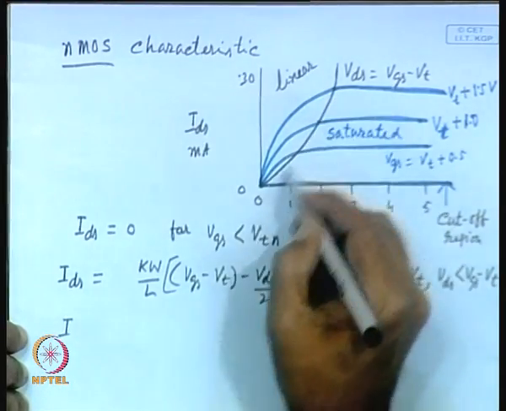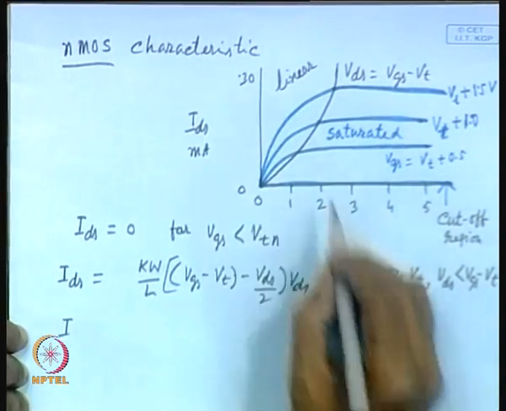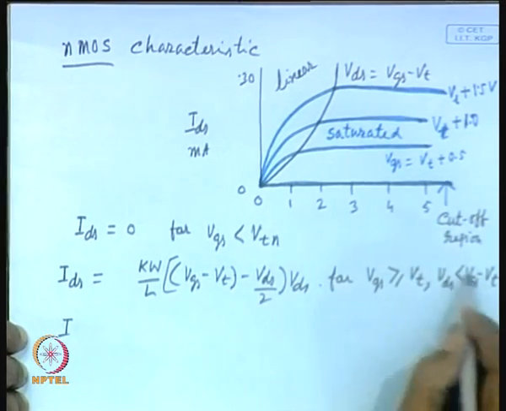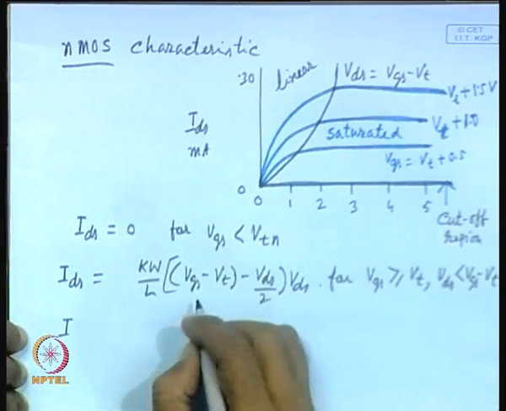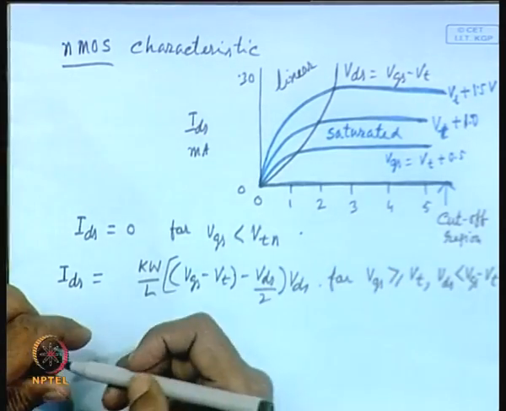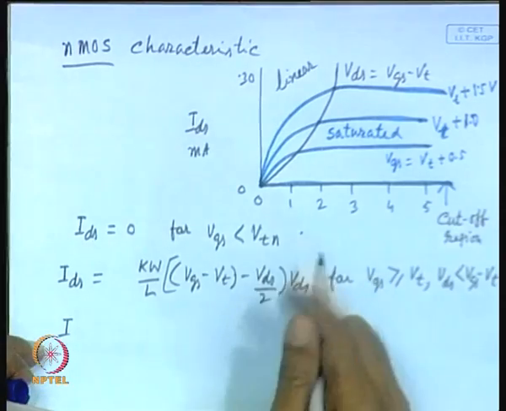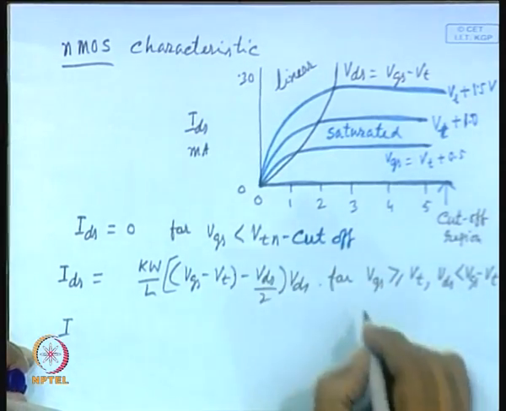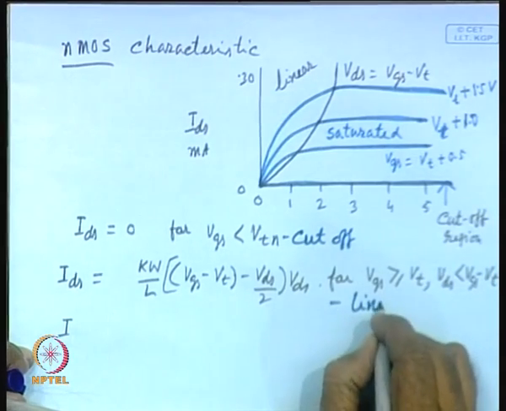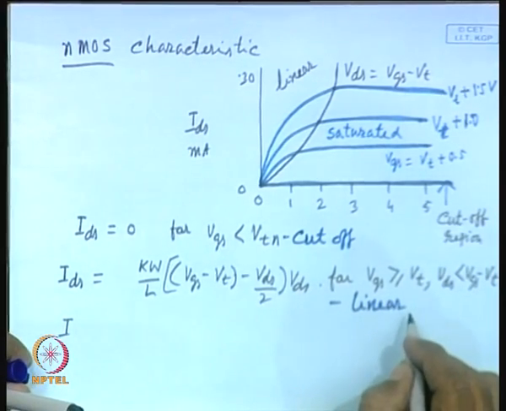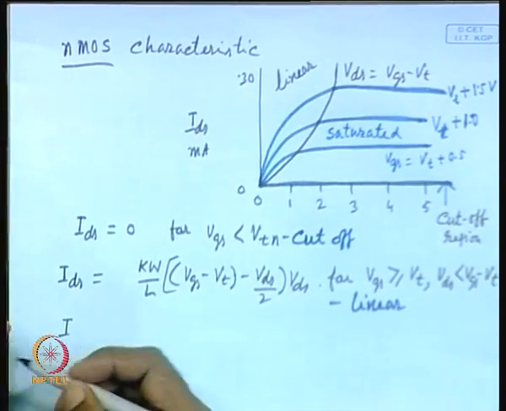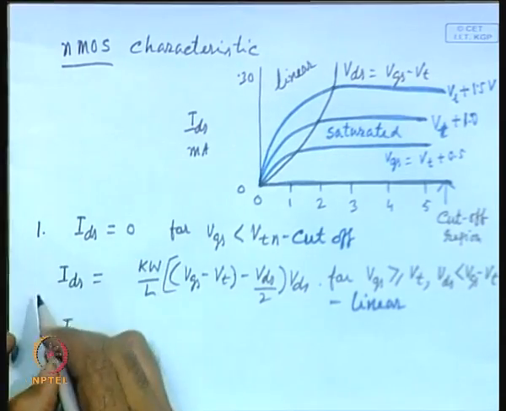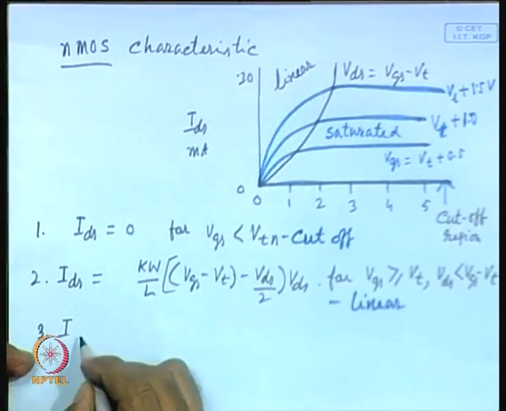That means VDS has to be less than VGS minus VT in this region and VGS has to be greater than VT. For these two conditions we call it the linear region. This corresponds to the cutoff region, this corresponds to the linear, non-saturated or weak inversion region, and this corresponds to the third region. This is your 1, 2 and 3.